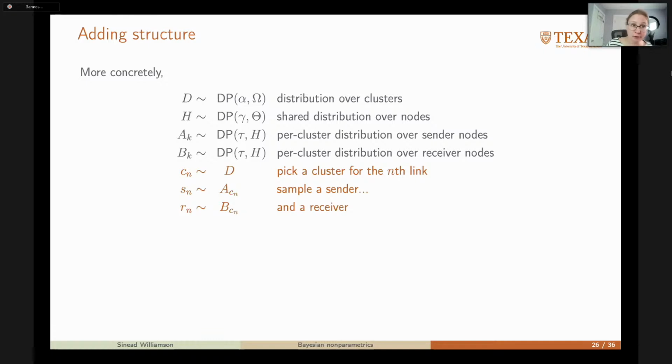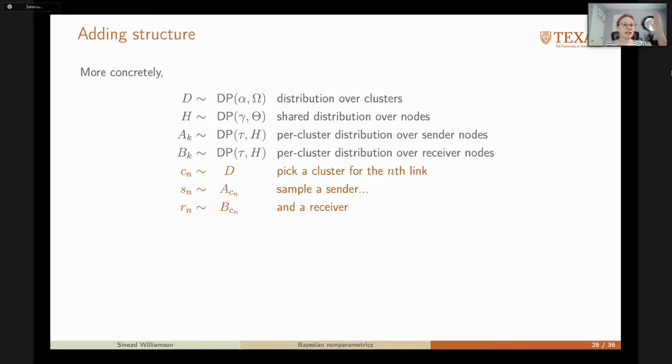Taking a breath, because I'm going to go through some math, through what this looks like mathematically. So I'm going to have a distribution over the clusters. And because I don't know how many clusters there are, I'm going to put a Dirichlet process on that. I'm going to allow there to be infinitely many modalities of communication. And I'm also going to sample H, which, as before, is my global distribution over nodes, in this case, over people who might send or receive an email.